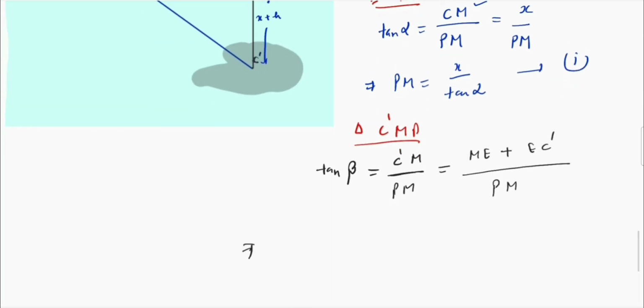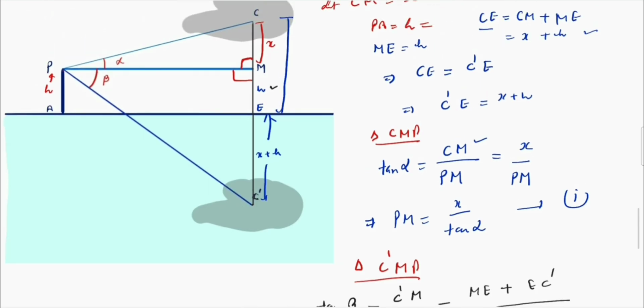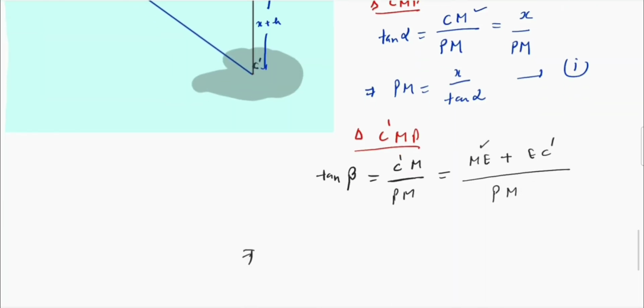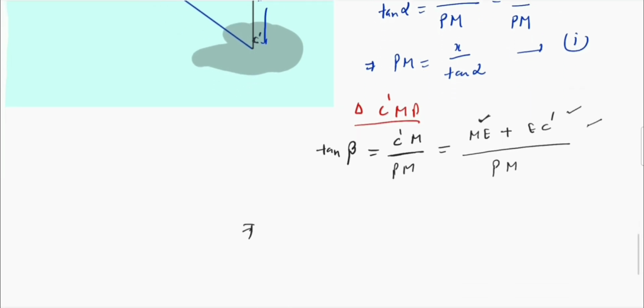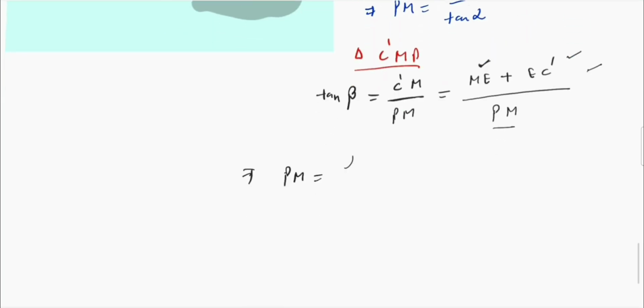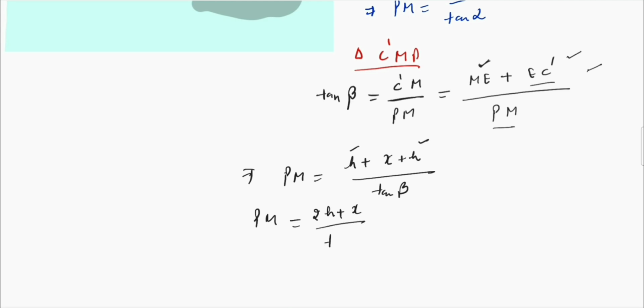ME is equal to h, and EC prime we have got is equal to x plus h. So we'll put all these values here and rearrange it. PM is equal to (h plus x plus h) divided by tangent beta. So PM is equal to 2 times h plus x, divided by tangent beta. Let me mark this as equation 2.